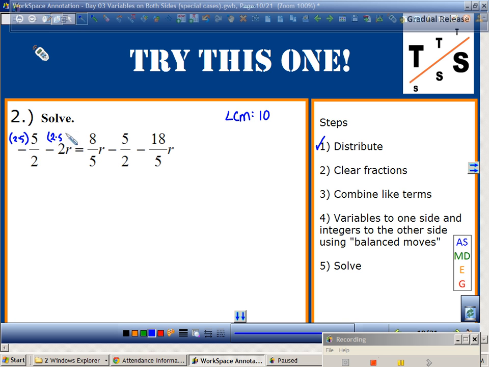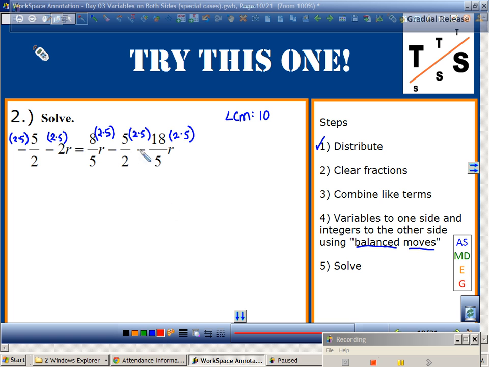Don't I have to give this to everybody? 2 times 5. 2 times 5. That is a balanced move. I multiplied every single thing up here by 2 times 5.